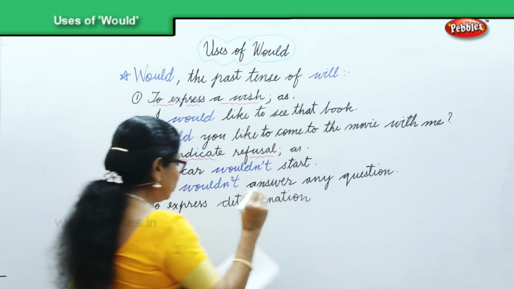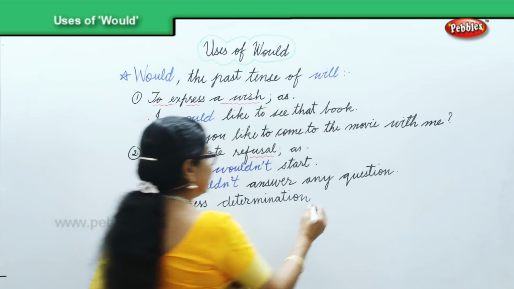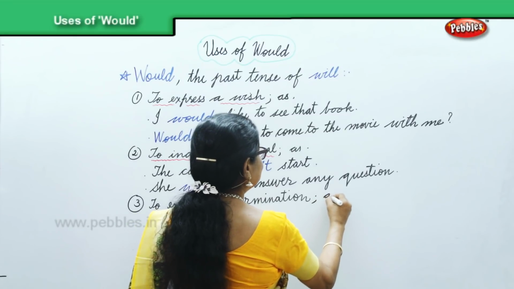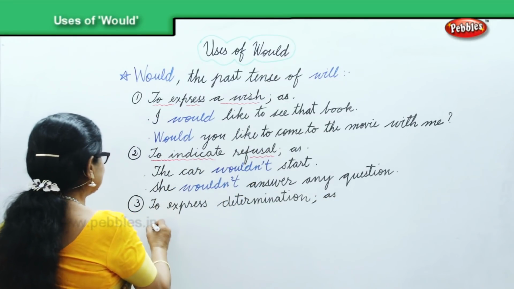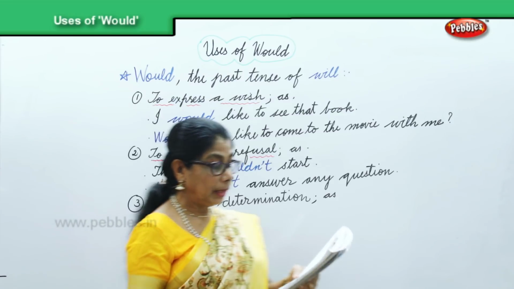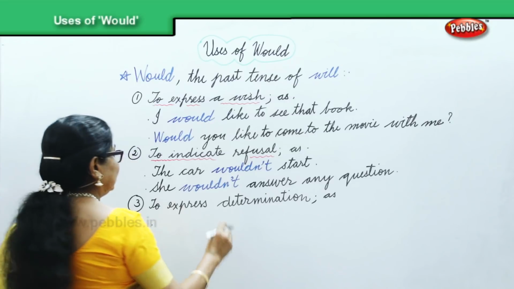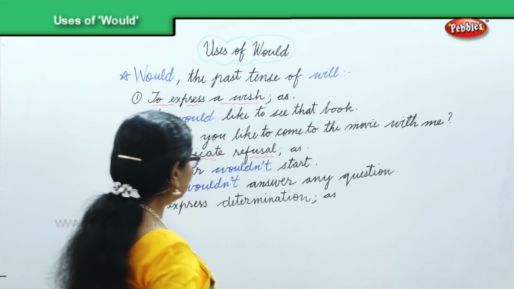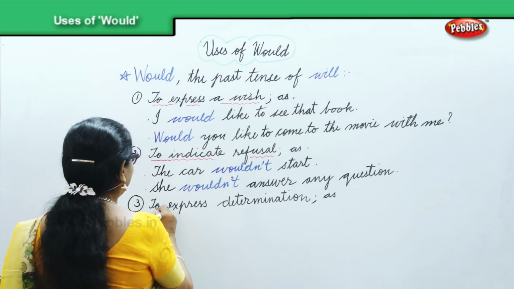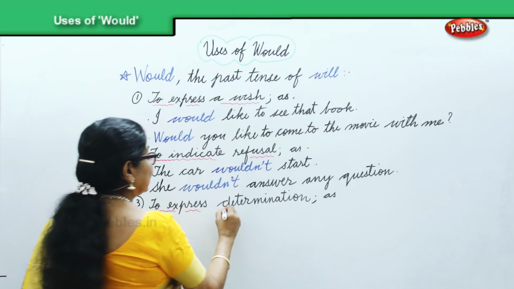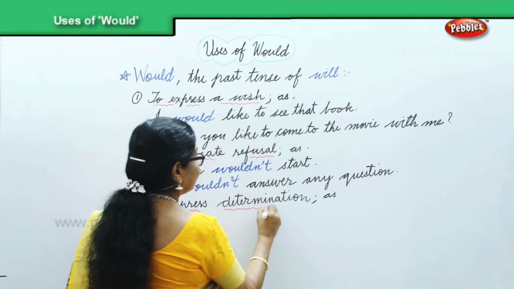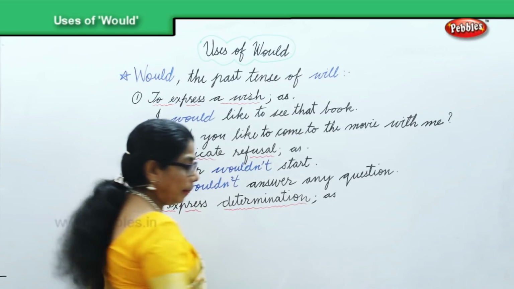To express determination, as you see in this sentence. What is it? He would not lie. That is expressing determination. To express determination. Okay?